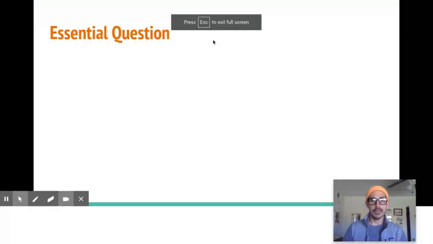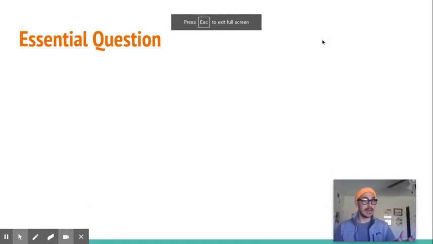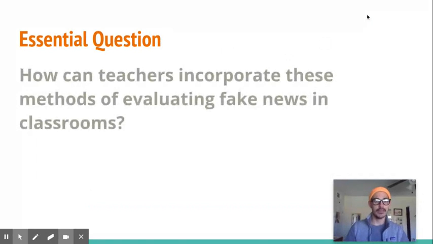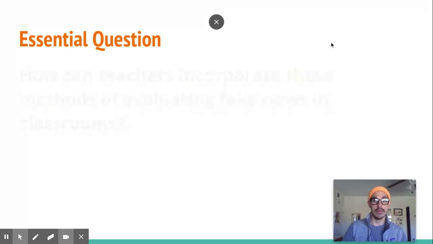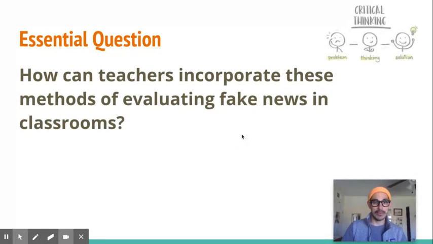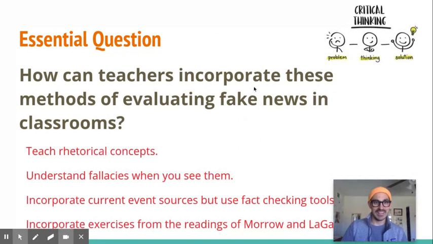So taking you a few steps further, I'd like to ask this essential question. How can teachers incorporate these methods of evaluating fake news into the classroom? The answers I propose are as follows. Begin by teaching rhetorical concepts: pathos, ethos, logos, fallacies, and ways to address those.